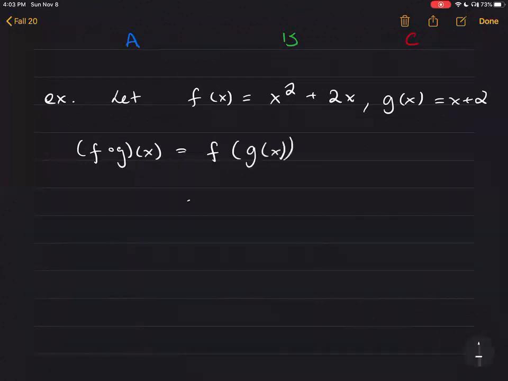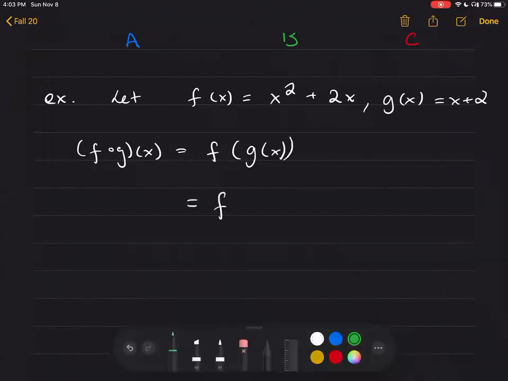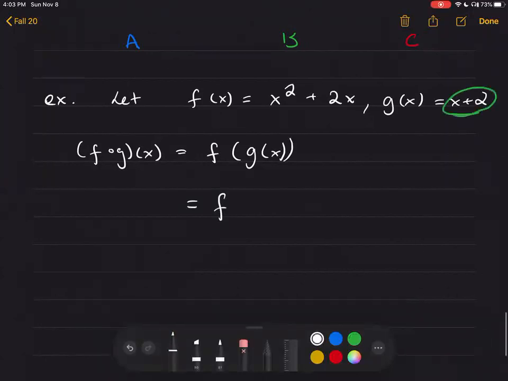And so if we plug in first g of x, I'm going to color code it first. So I'm going to make this green. So this will be f of x plus 2. So this is what g produced. Okay. Make that white. Don't mix up the colors. There we go.